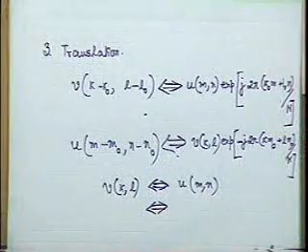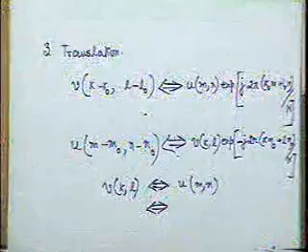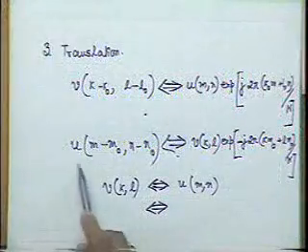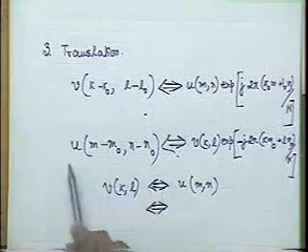Now let us see a very interesting property. If I take the magnitude part of u(m minus m0, n minus n0), what happens?